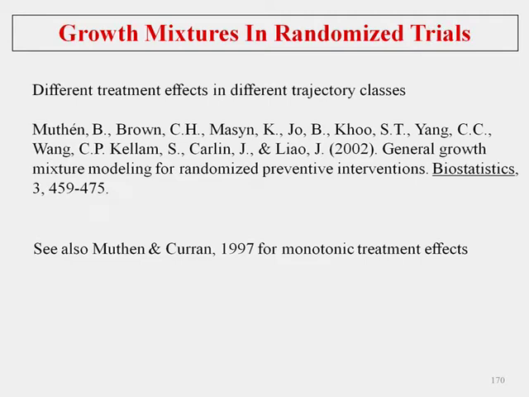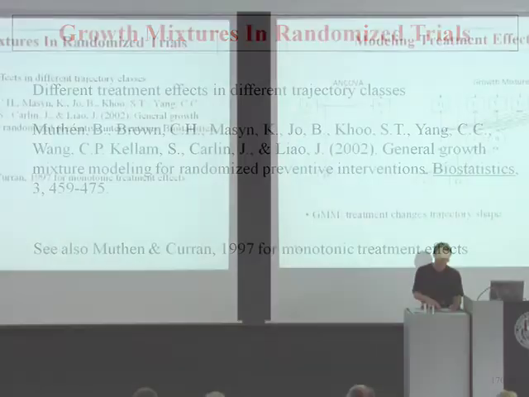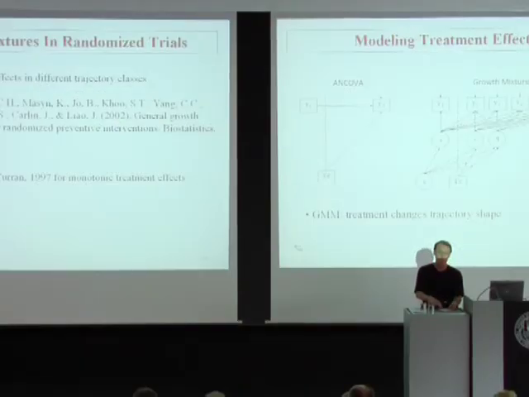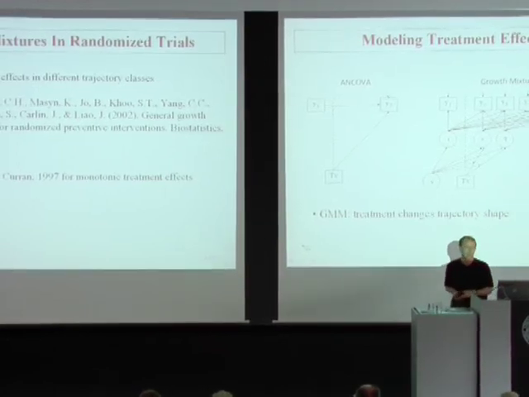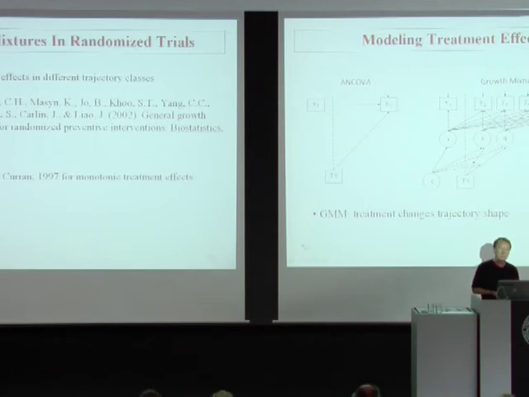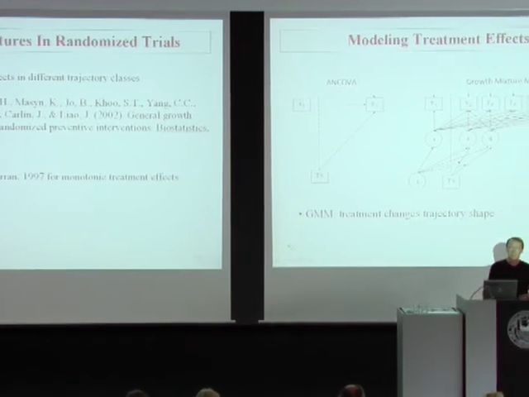Very often in these interventions, you find that there is no significant overall effect, but there is an effect in one or more classes. That is, you can answer the question for whom an intervention is effective. And it may not be effective for everyone.